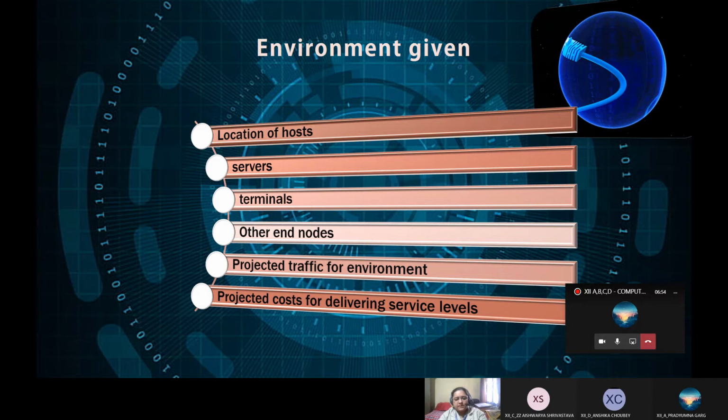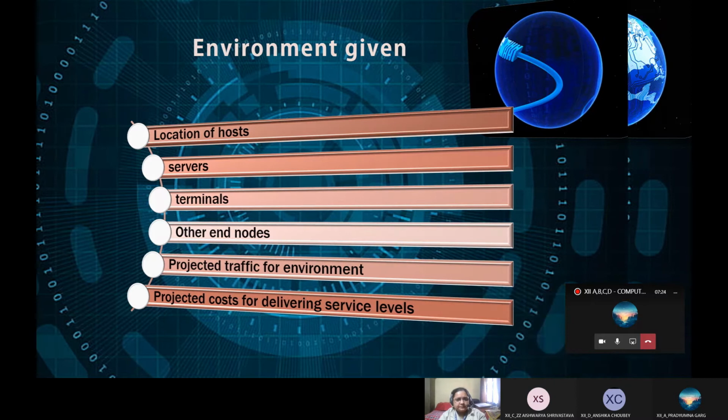Projected costs for delivering service levels, that is costs regarding the hardware which we are going to purchase, cost regarding the levels of service which would be provided, that is all the different features or functions of this network. So cost regarding all that. So projected costs means it is an estimated cost. Okay, that is a complete estimation will be done to figure out how much money has to be invested into it.